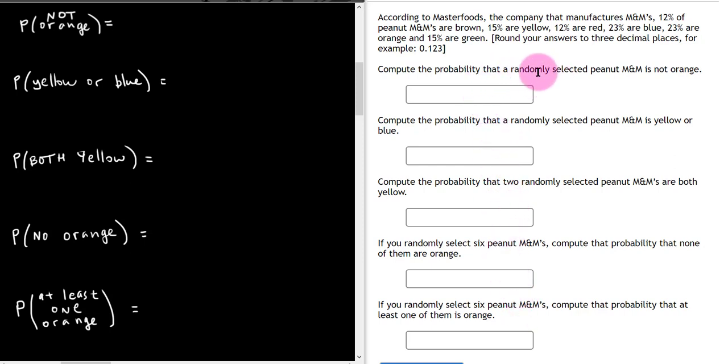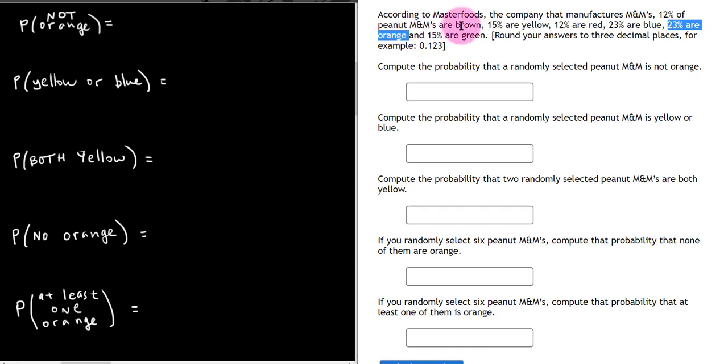The first question asks, what is the probability that a randomly selected peanut M&M is not orange? Well, we are also told that 23% of them are orange. So we want to use the property of complements there to determine this.